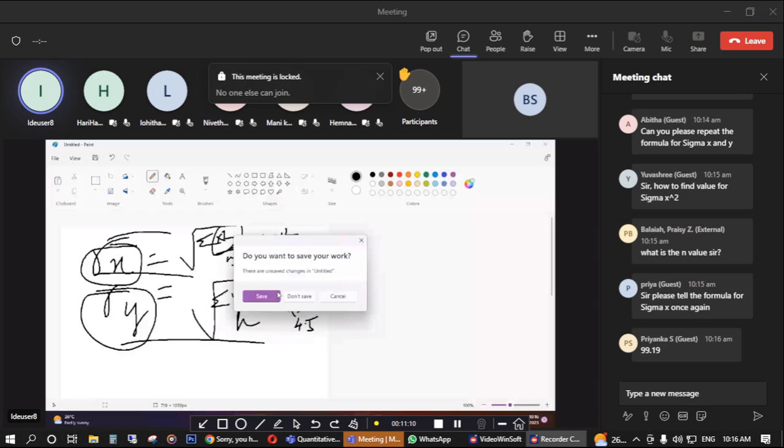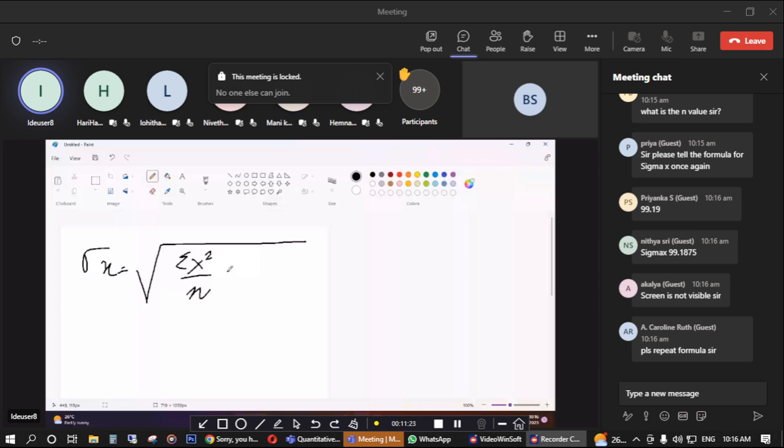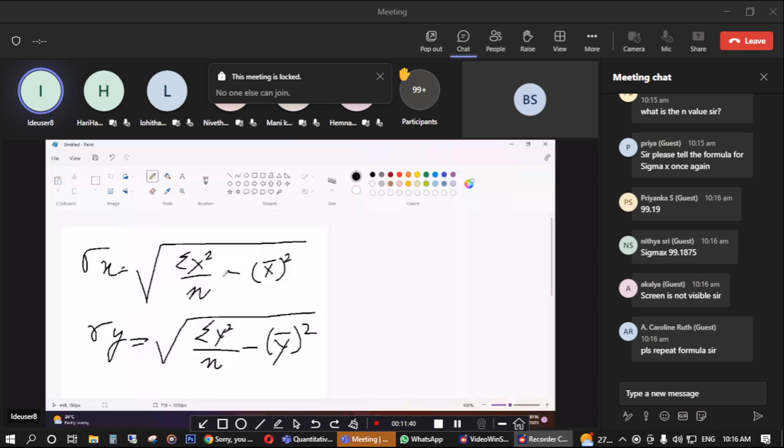Sigma x will be equal to square root of summation of x square divided by n minus x bar whole square, and sigma y, just replace it by y, summation of y square divided by n minus y bar whole square. So what you need to do is first find out the x square.